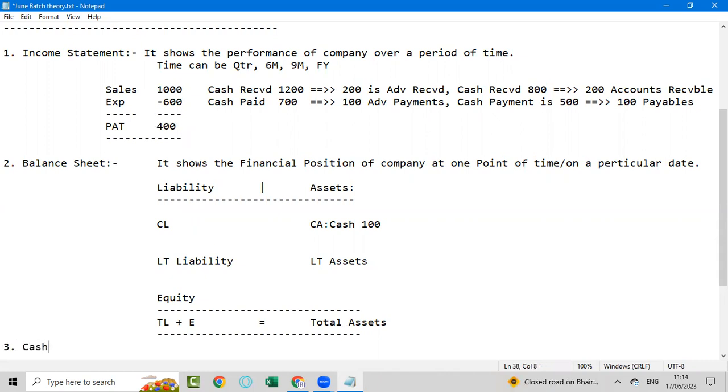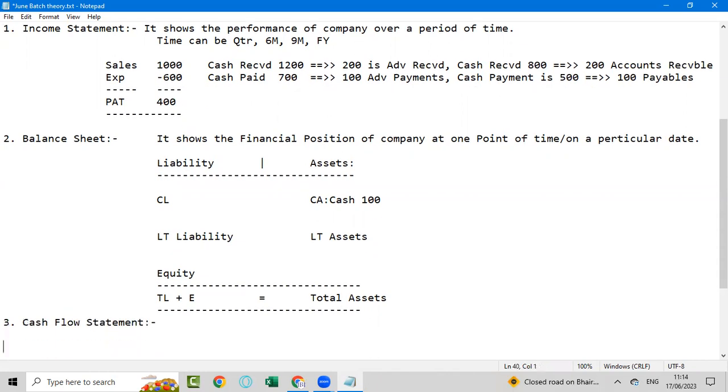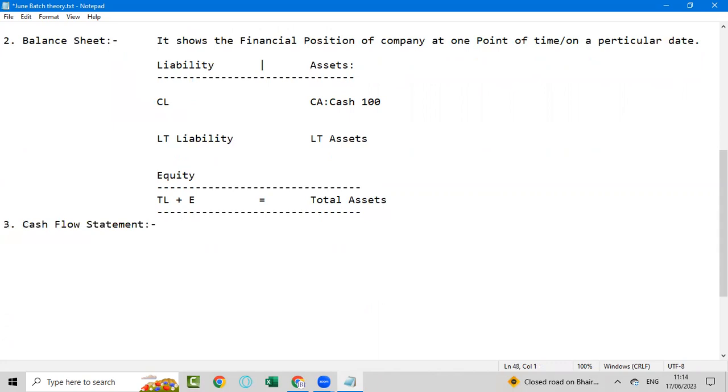Then we have the cash flow statement. It shows sources of cash and uses of cash over a period of time.